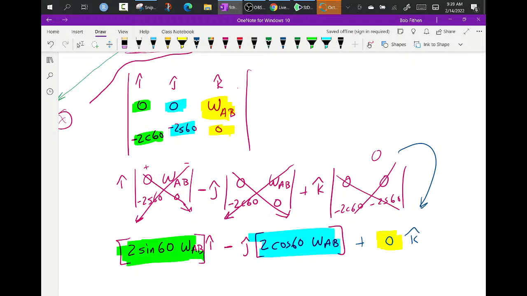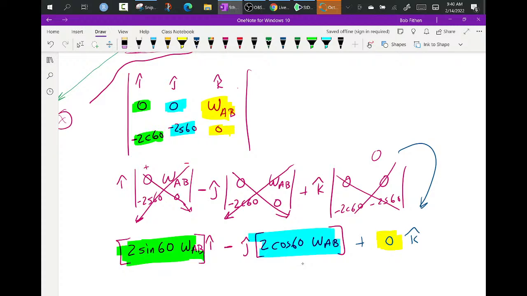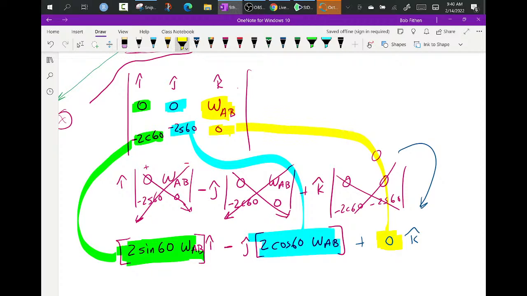Here's what I mean by stupid: 0 times that, and then this times 0, and then this one times 0. That's pretty stupid, because each of those gives you 0. That was not useful at all for a check. This one is useful: this times that, added together with this times this, and added together with this times this. The last one always is 0.